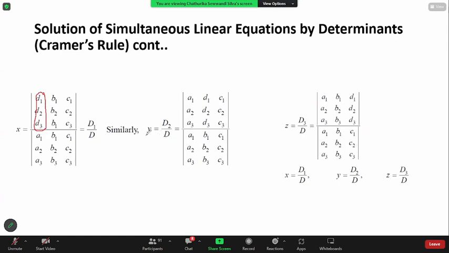If you want to find y, instead of b1, b2, b3, which should be in the middle, you have d1, d2, d3 in the middle. If you want to find z, instead of c1, c2, c3, which is usually here, this comes. This is the only change between x, y, and z.